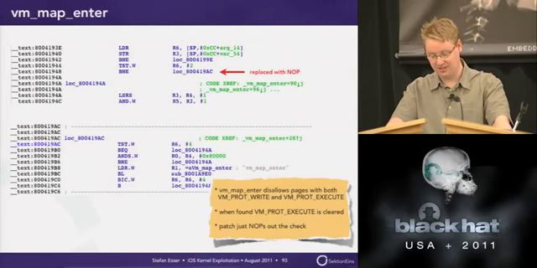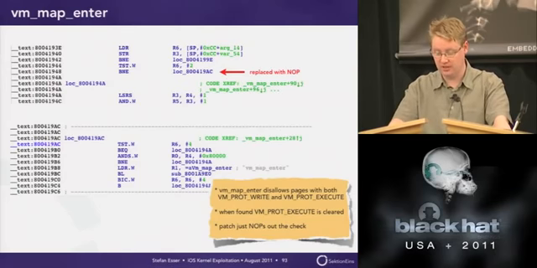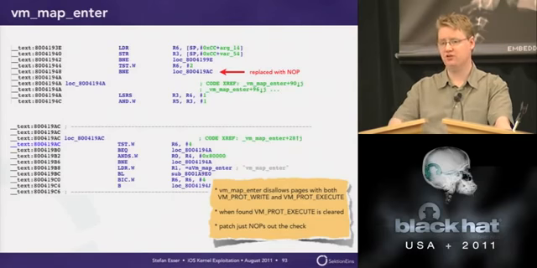Yeah, so basically, the patch from comex replaces the check with a nop, and so now memory can be read-write executable. Otherwise, if that's not patched, then the kernel will see, oh, there's a PROT_EXEC, and it will just clear it. This just allows you to have read-write executable memory at all.